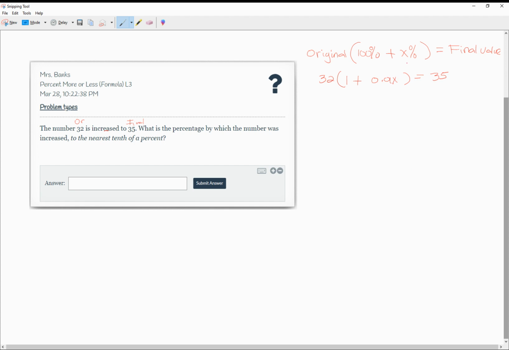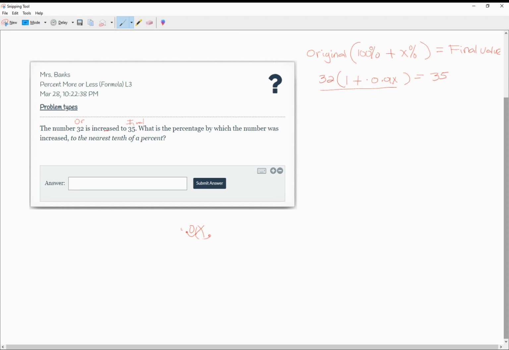Normally your decimal point is at the end and you want to change the percentage into a decimal, so you move it two places. It doesn't make sense to say 0.0x, so you need to put a 1 in there: 0.01x.